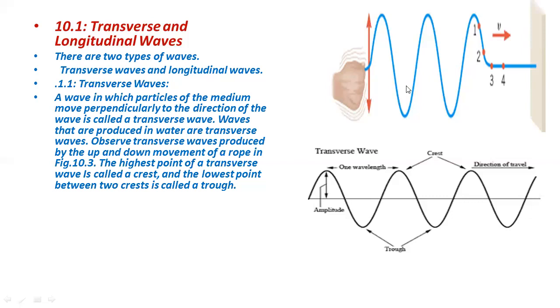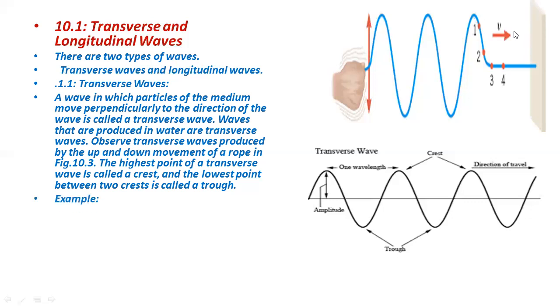One example of a transverse wave is a moving rope. When one end of the rope is tied to a support, like a wall, and the other end is in our hand, when we move the rope, waves are produced in the rope.